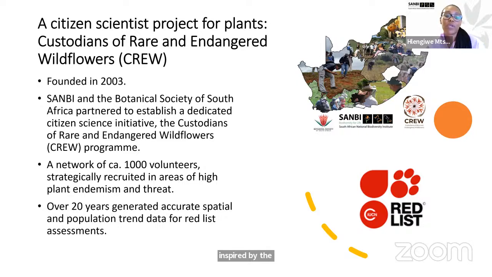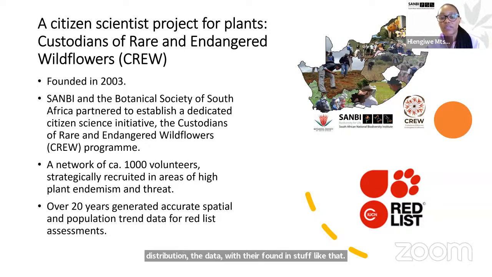It was established because of the lack of data to complete red list assessments. The data collected in this project includes the distribution of species, the abundance, the threats, as well as the ecology of plants, where they are found and so on.